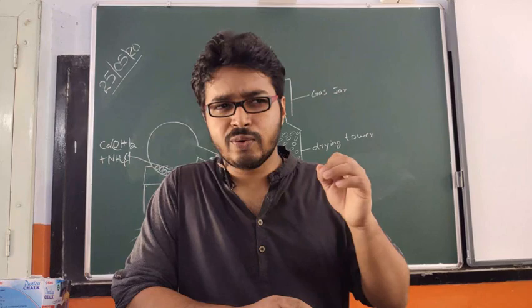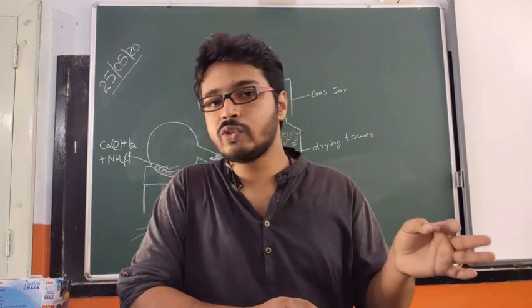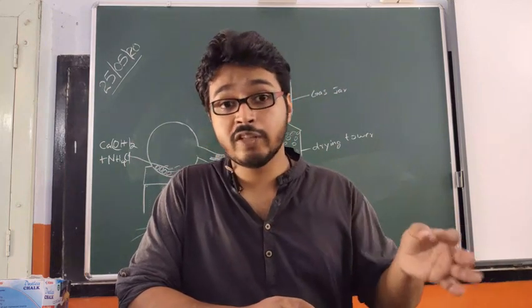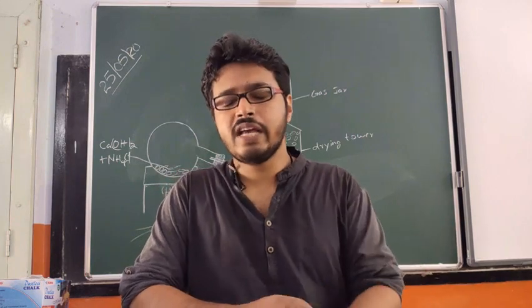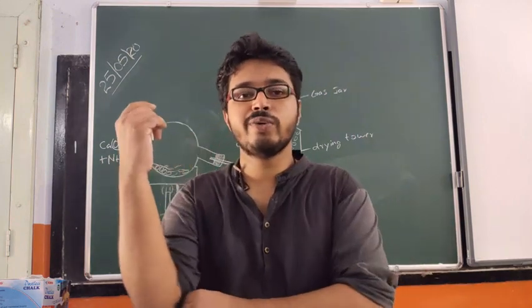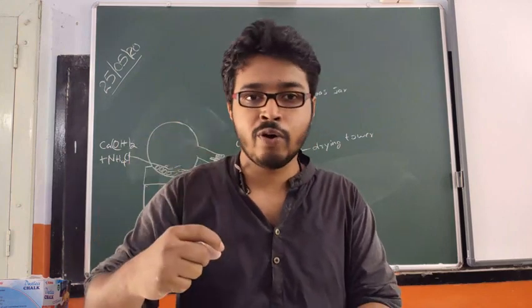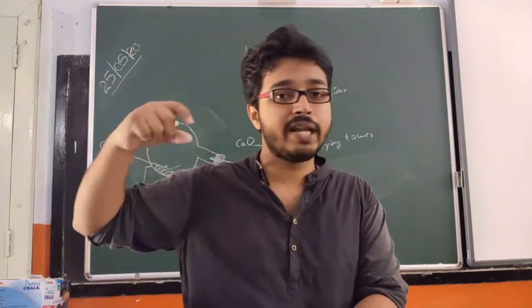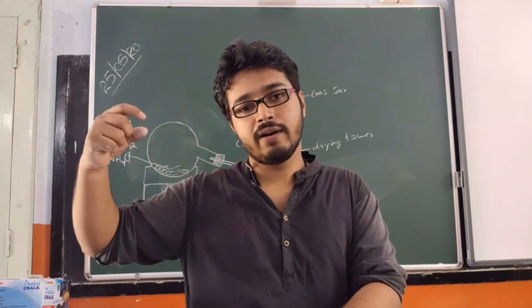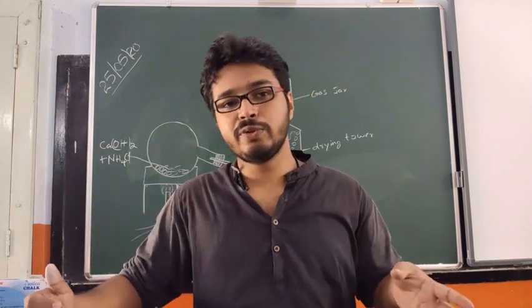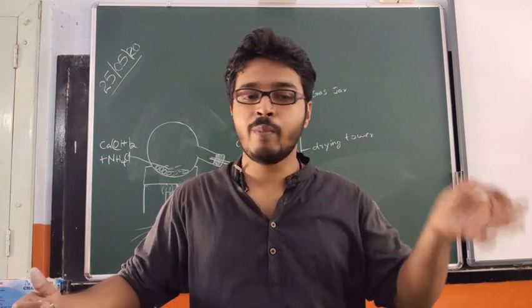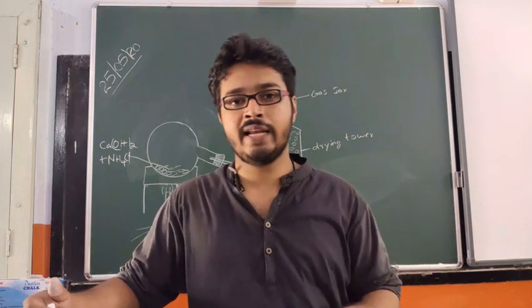So our primary source of ammonia gas will be the ammonium compounds. We are going to separate the ammonia gas from ammonium compounds. The best way to do that is to heat the ammonium compound with a strong alkali.